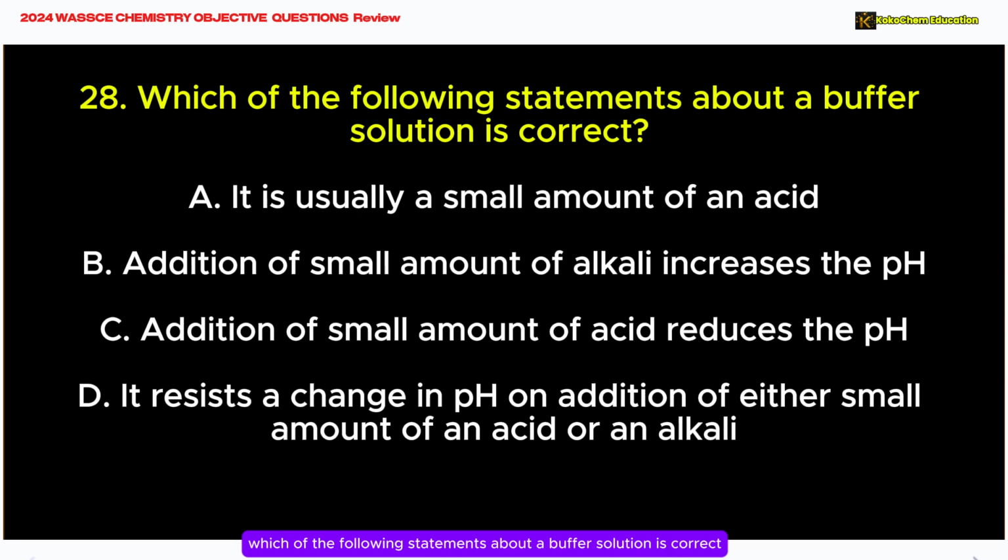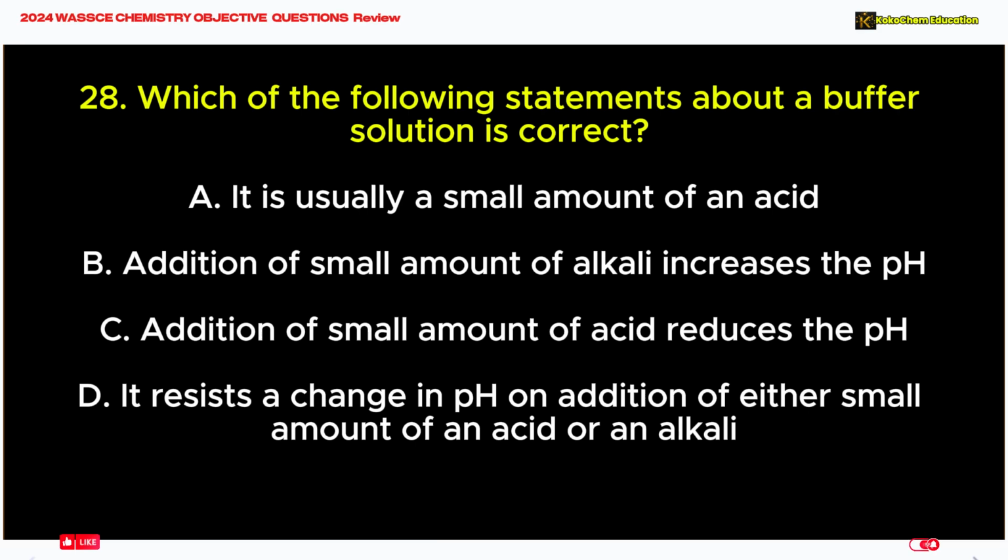28. Which of the following statements about a buffer solution is correct? A. It is usually a small amount of an acid. B. Addition of small amount of alkali increases the pH. C. Addition of small amount of acid reduces the pH.